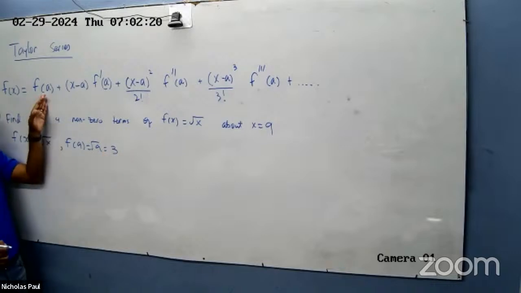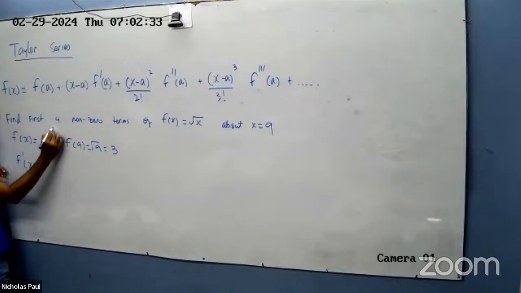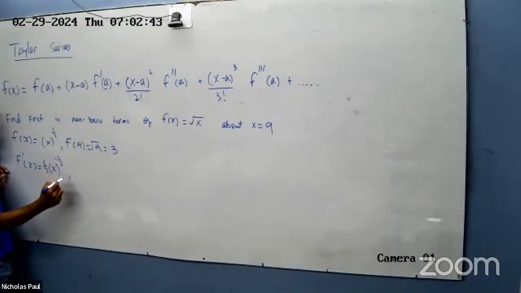So we okay here. Now we have to find f prime x. What's the first differential of this? Please remember that square root means to the power of a half. So it will be a half x to the minus a half.